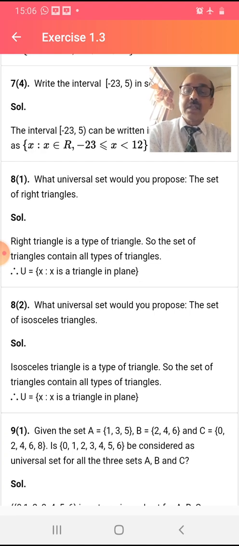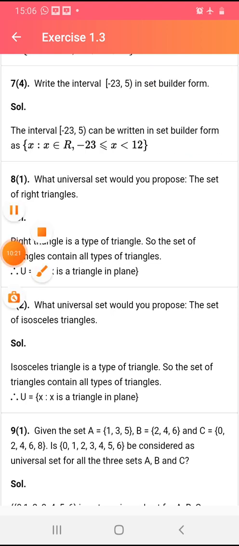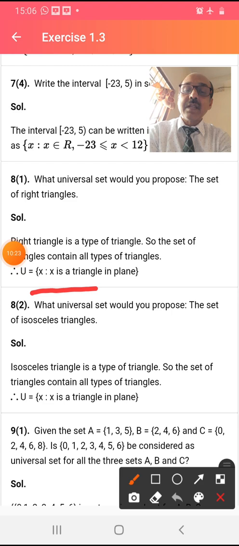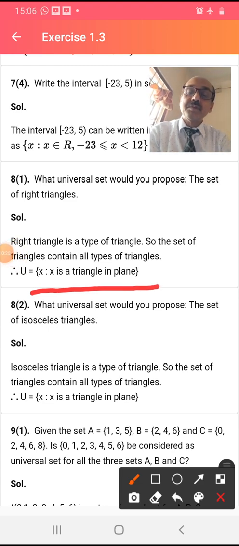That is the universal set. So the set of triangles contains all types of triangles. So the universal set is X such that X is a triangle in the plane. That is U, the universal set.